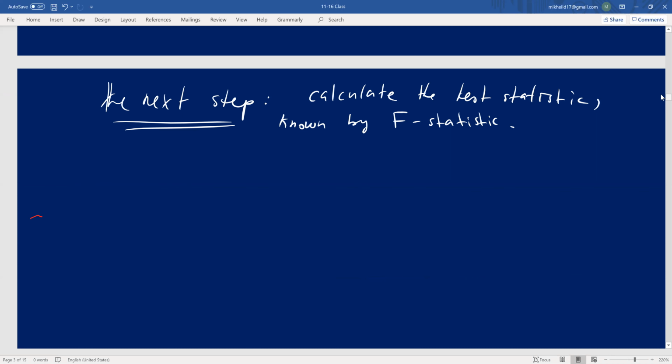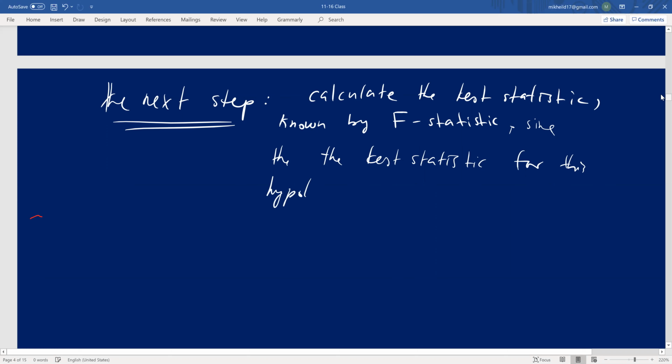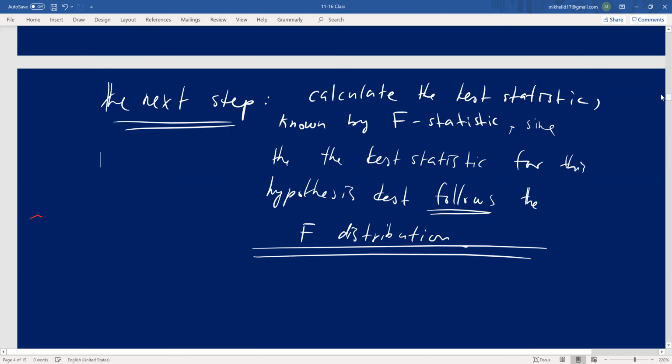Because the test statistic that we calculate for this joint test follows the F distributions. Therefore, we call the test statistic the F statistic.